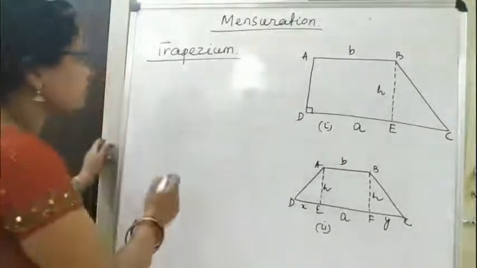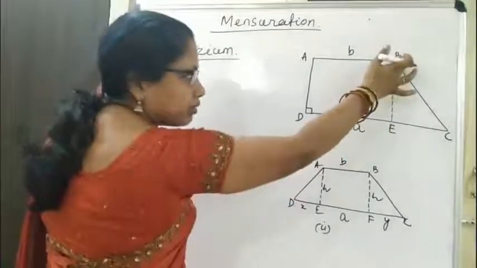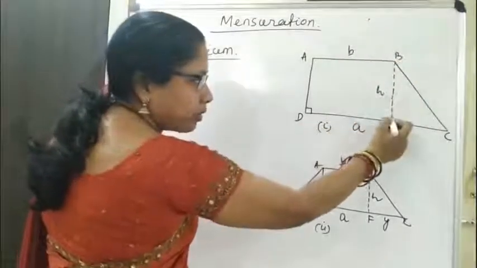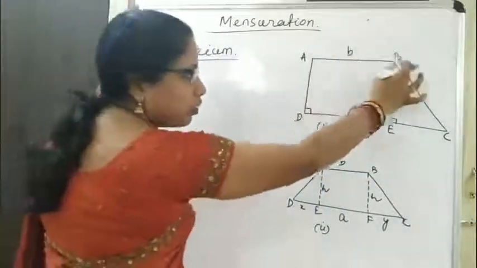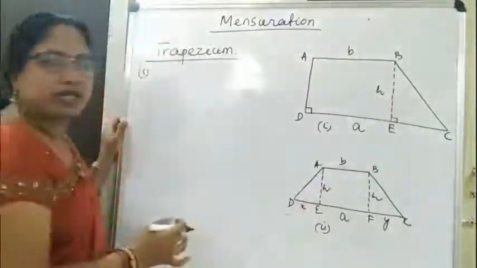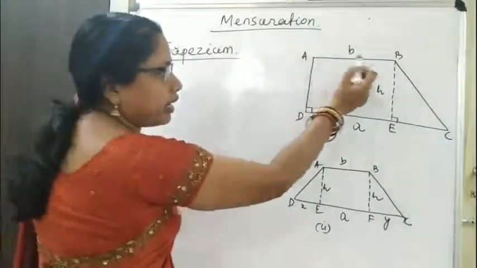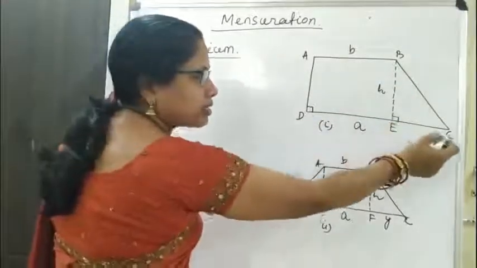So let us consider the first figure. By drawing BE perpendicular to CD, the whole trapezium is divided into two figures, that is a rectangle ABED and a triangle BEC.